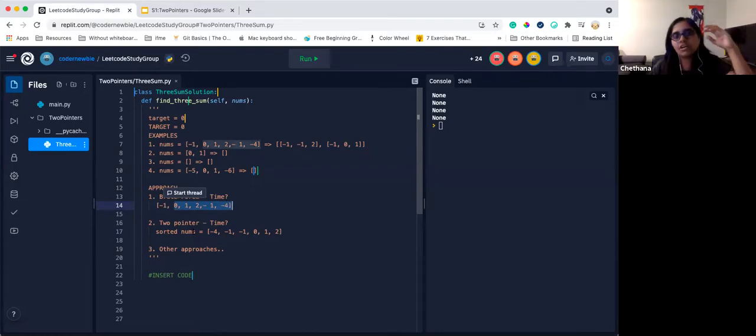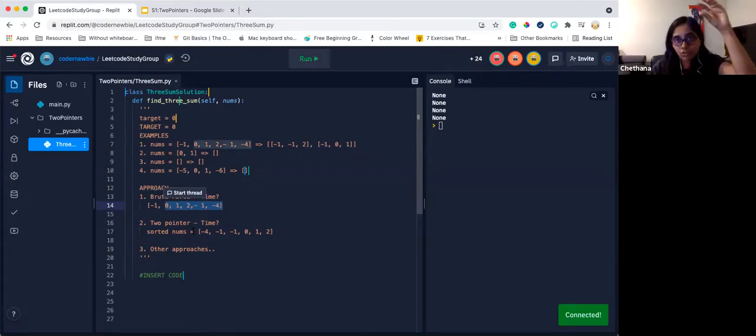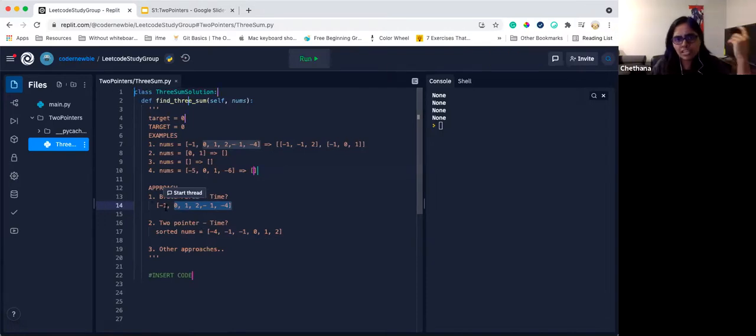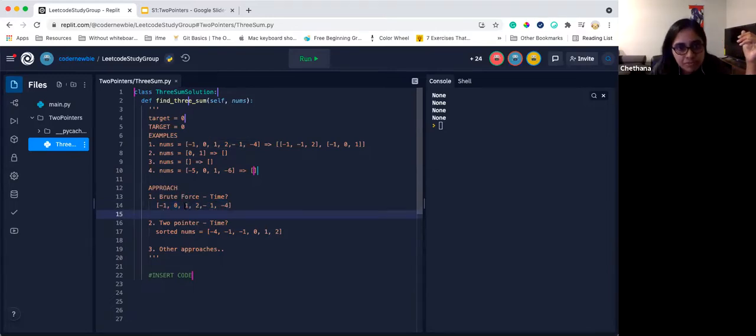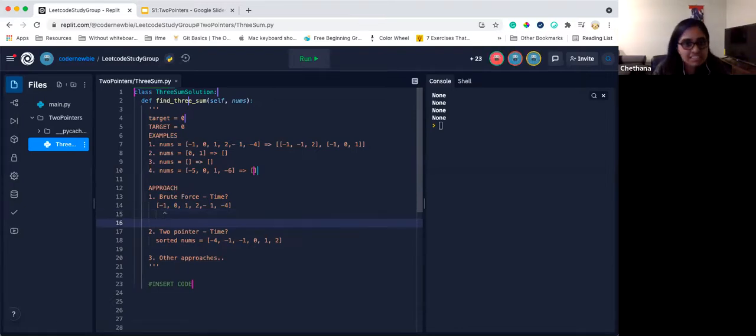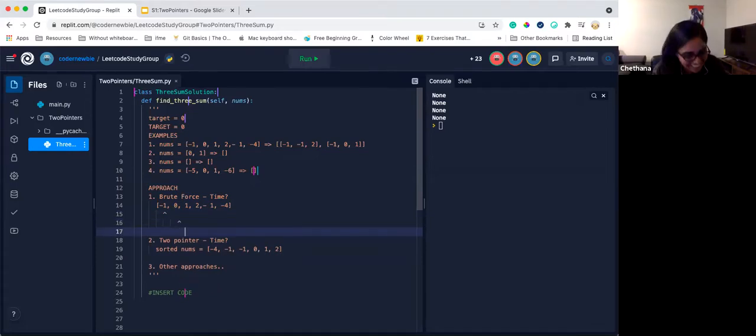We would have an outer loop where we iterate over each of these elements individually. And then we will have another loop which iterates over the rest of it. And then another loop that begins from here, maybe. So essentially we're left with this, and then this.